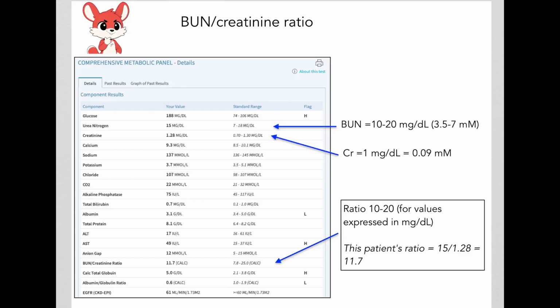So clearly the concentration of urea is higher in the serum than the concentration of creatinine, and that's why this ratio is 10 to 20.